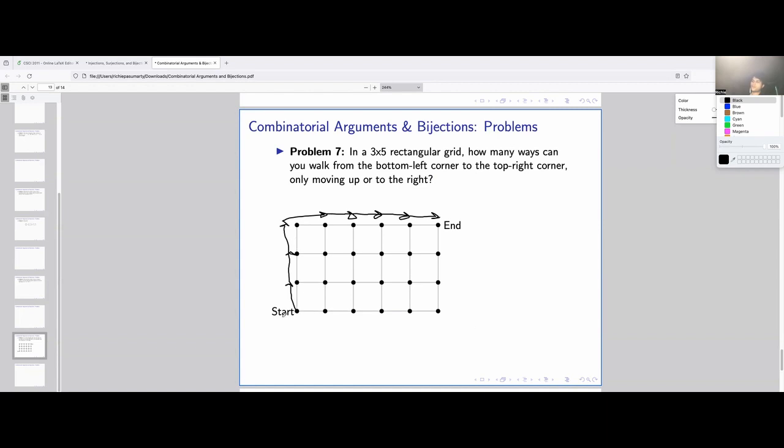I go up 3 times, and then I go right 5 times. That's a path. Another path is maybe like this: right, up, and then a few more rights.